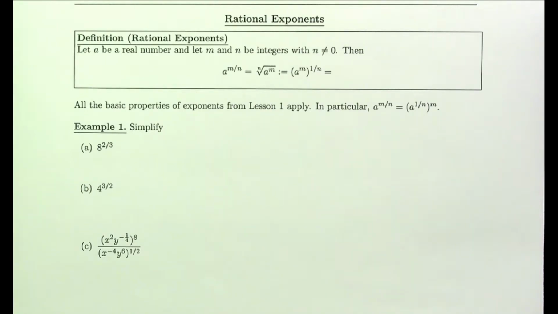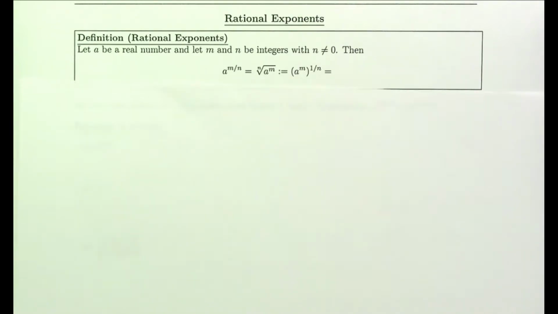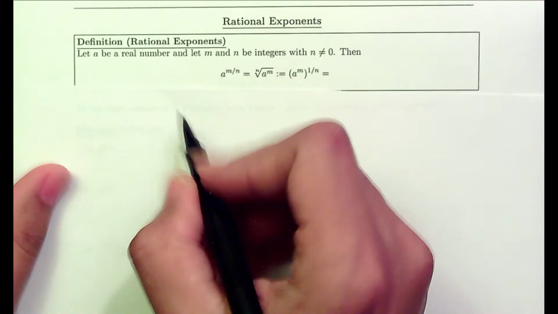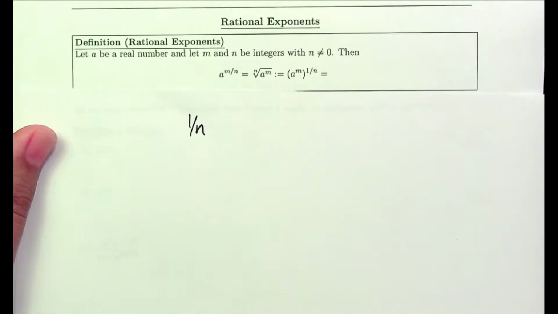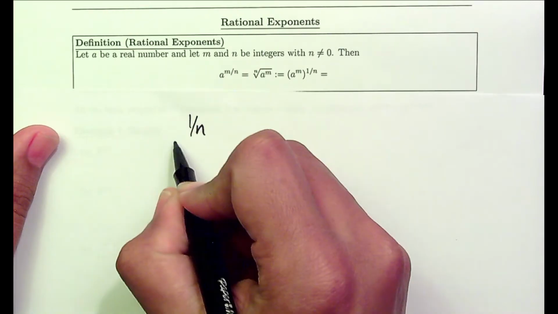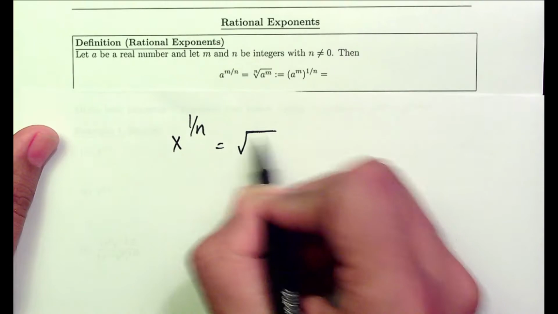So rational, remember the word rational means fraction. So a rational exponent is just an exponent that is a fraction. And we have already seen special types of rational exponents, namely when the fraction is of the form 1 over n, because having a rational exponent of that form is the same thing as the nth root.